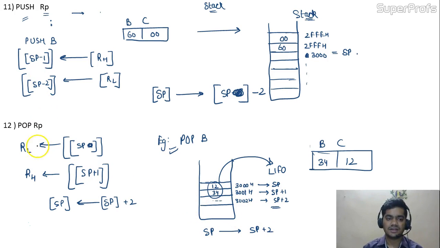Okay, so these were the two push and pop operations performed on the stack. I hope you have understood. You can write these points. Next we are going to see some more operations.